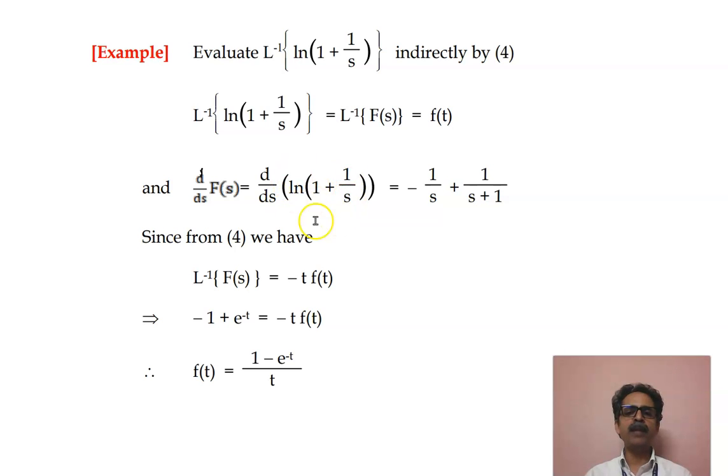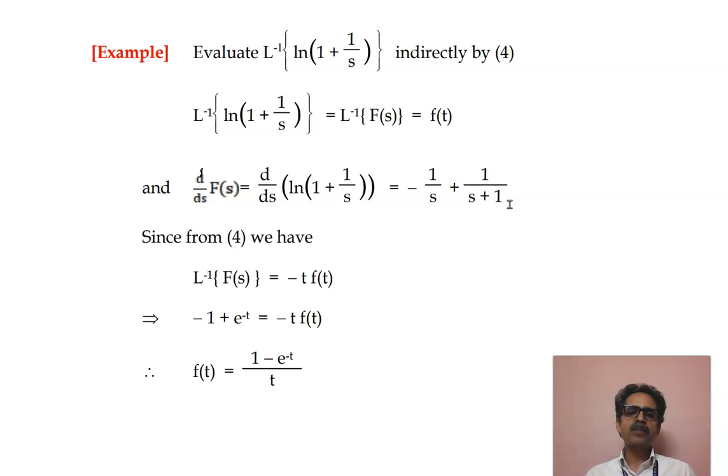When you simplify this derivative, because you just apply a simple derivative formula here, and then simplify in partial fractions, we can write that as minus 1 upon s plus 1 upon s plus 1. Now we need to apply the property.